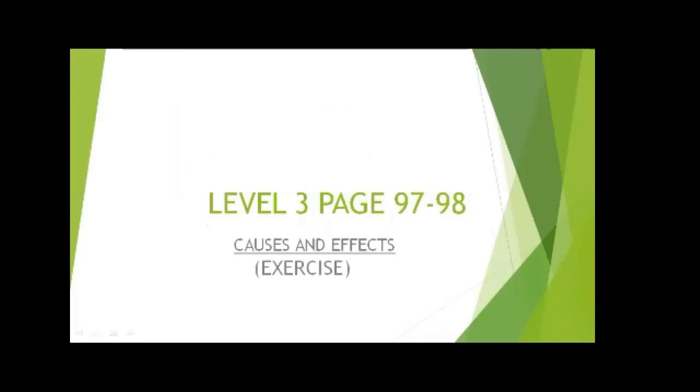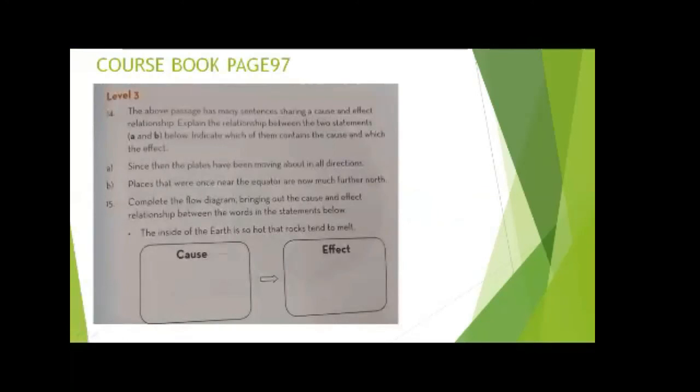Now open your course books to page number 97, 98, level 3 exercise. The question is: the above passage has many sentences sharing a cause and effect relationship. Explain the relationship between the two statements A and B below.